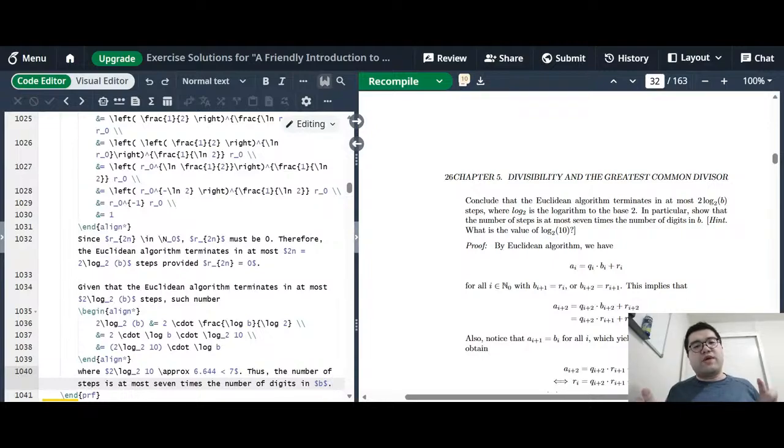When I say at most 7 times, it means it cannot exceed 7 times here, and this is based on the approximation that this linear equation is going to be less than 7 times log base 10 of B. Okay, and the slope, or the coefficient here, which is playing the role of slope, is telling us how many times this ratio is going to be, which is no bigger than 7 times. So at most 7 times.